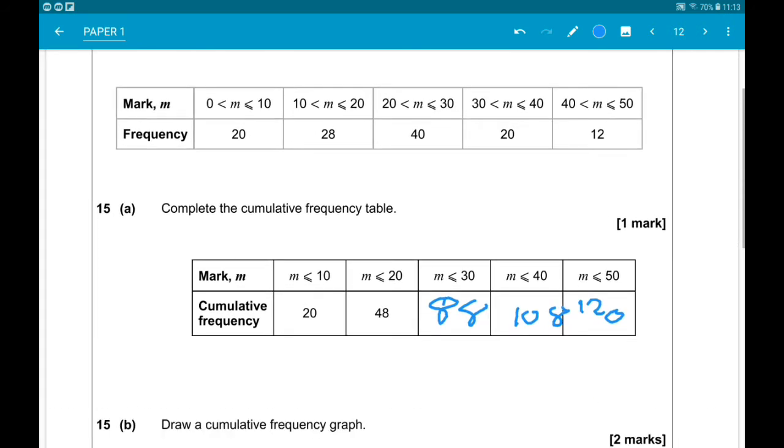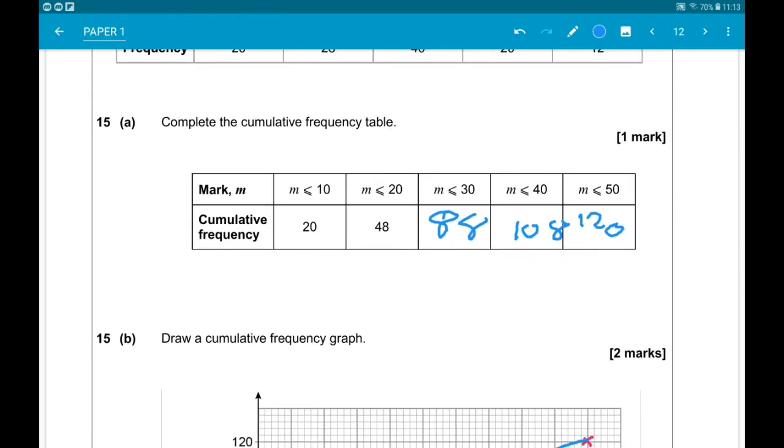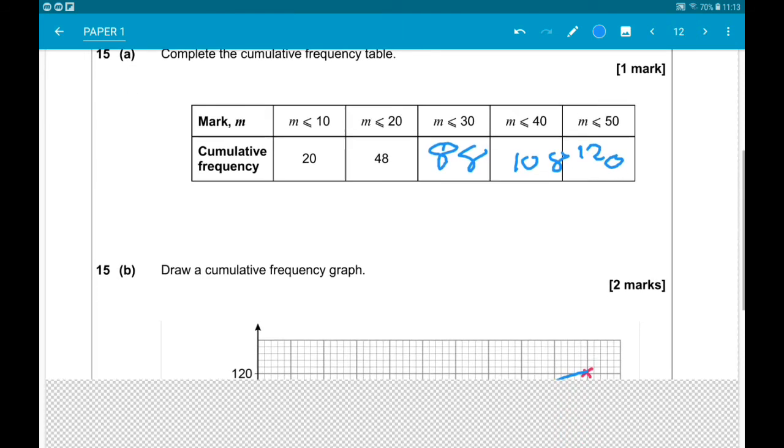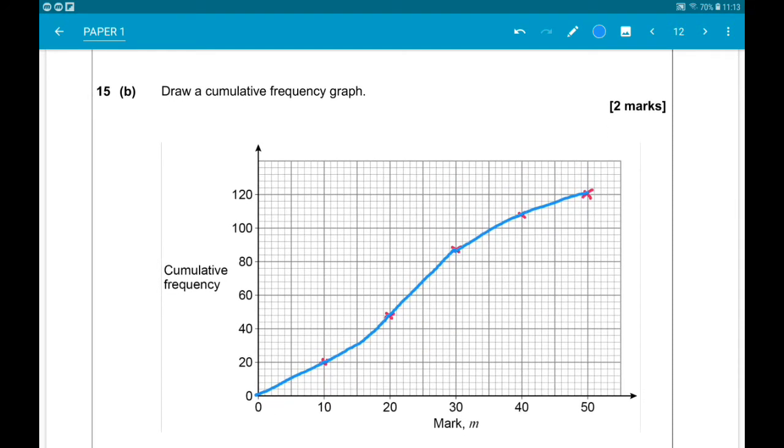Next, you use the upper bounds of each interval as the x-coordinate and the cumulative frequency as the y-coordinate. So, your points should look like this, and then you join them together again with a freehand curve as best you can, making sure you get this sort of S-shaped thing.